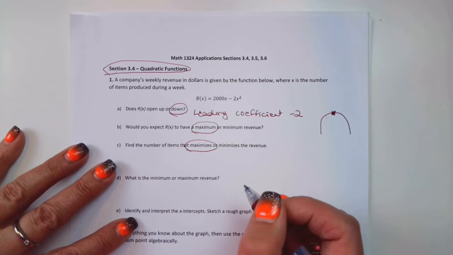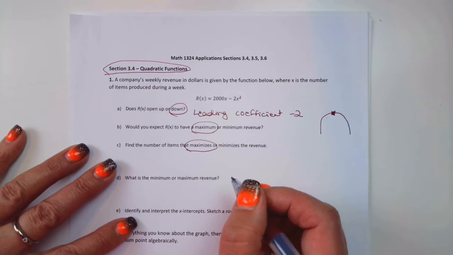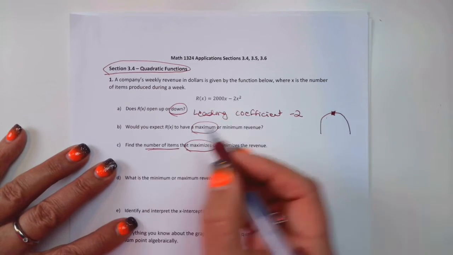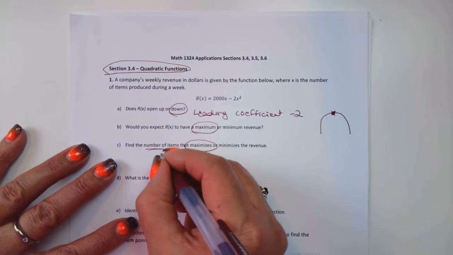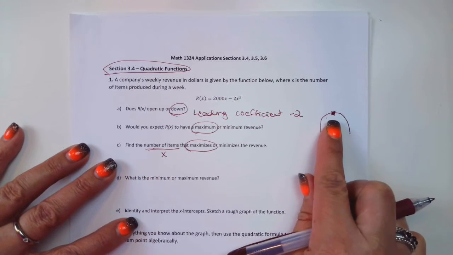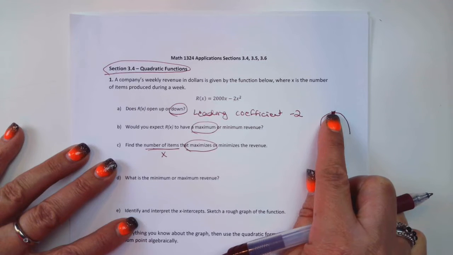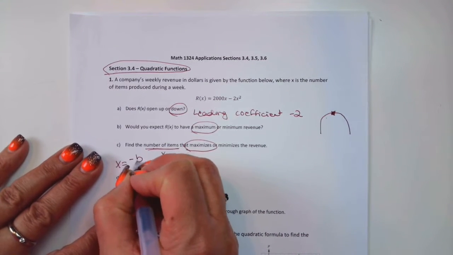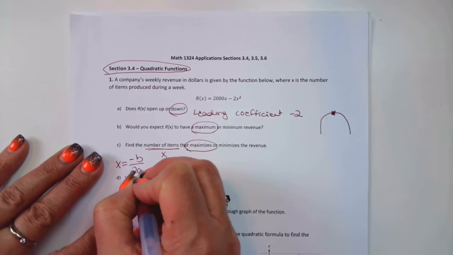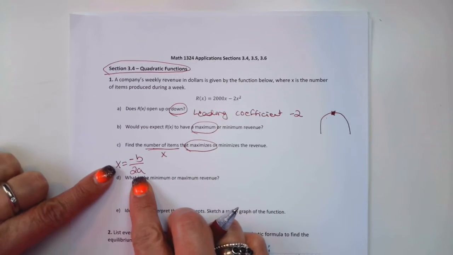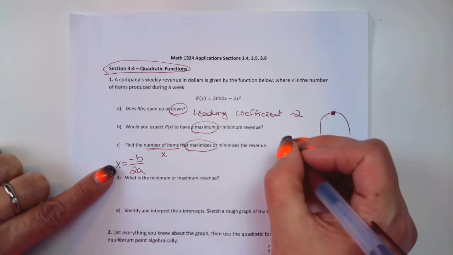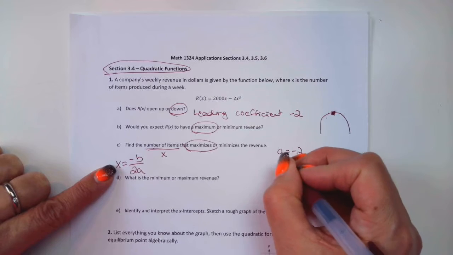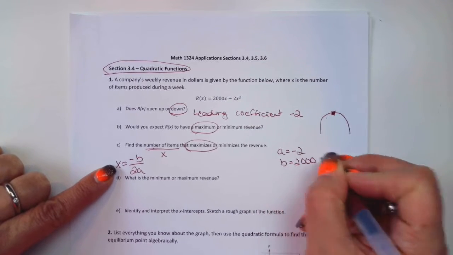So we are finding, when we're looking for the number of items, and that was our x, we're looking at the x coordinate of the vertex. And our x coordinate of the vertex is x equals -b over 2a. Now our a is that leading coefficient, which is the -2, and our b is 2000.